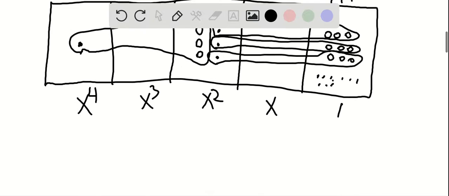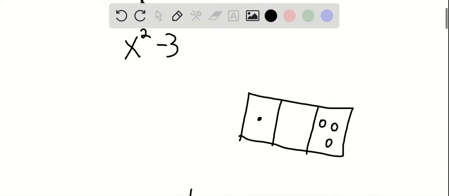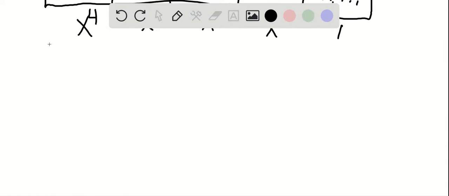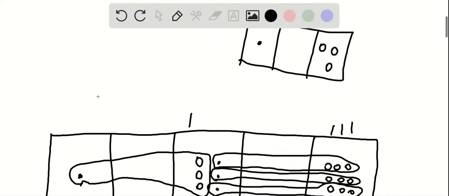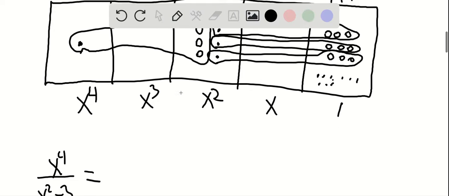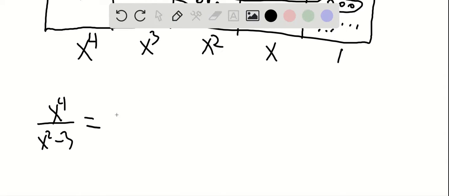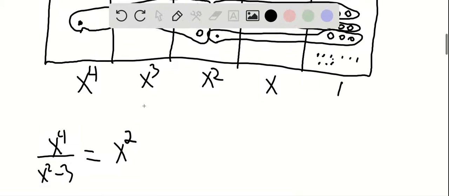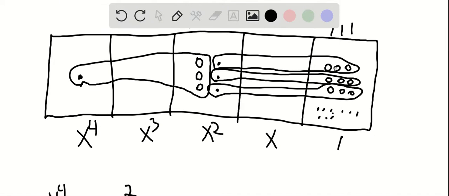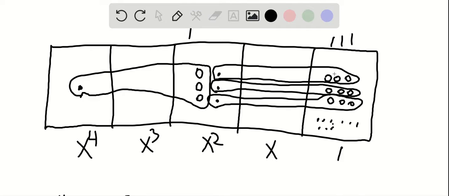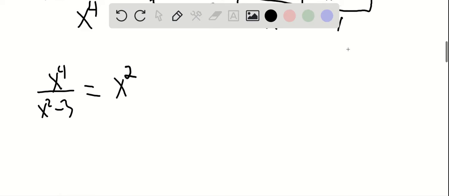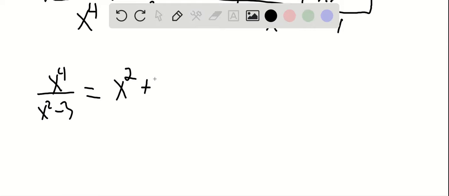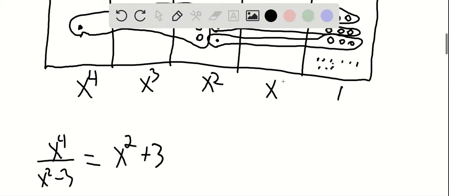What is the answer? We're saying that x to the fourth divided by x squared minus 3 is going to be equal to what? We have the one group at the x squared level, so this is equal to x squared, and then we have 3 actual groups at the ones level, so we have a plus 3. So x squared plus 3, but then I have these 9 dots left over.